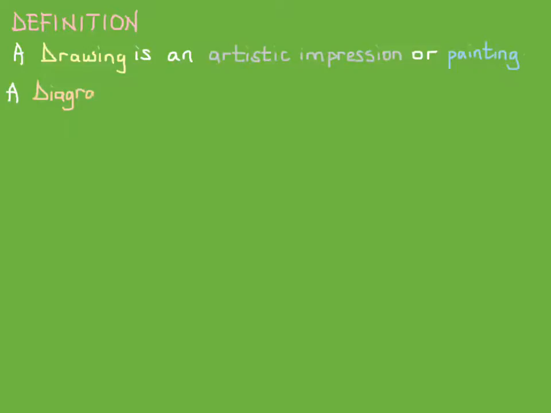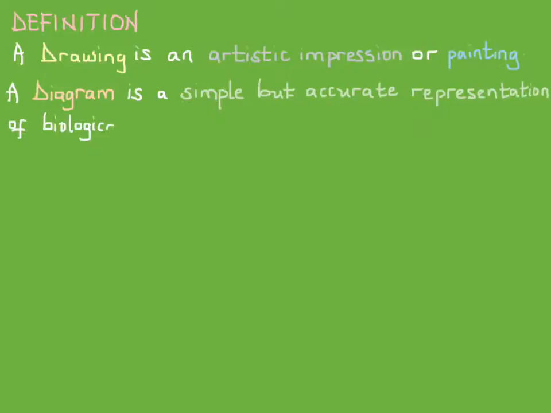A diagram, on the other hand, is a simple but accurate representation of biological information. One does not need to be an artist to be able to make a good diagram.